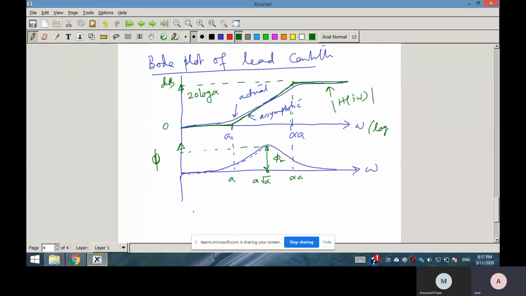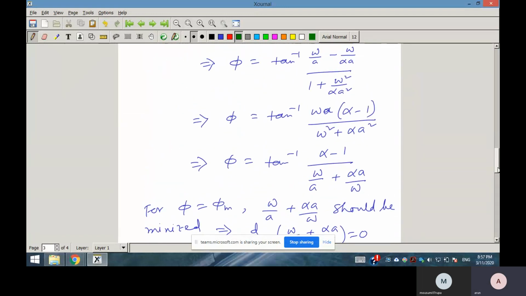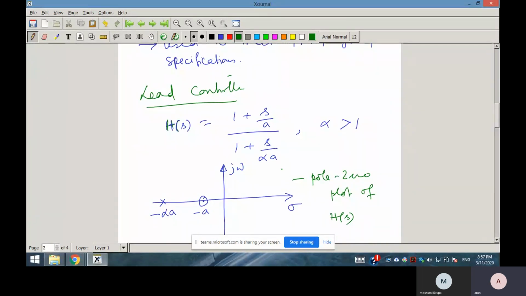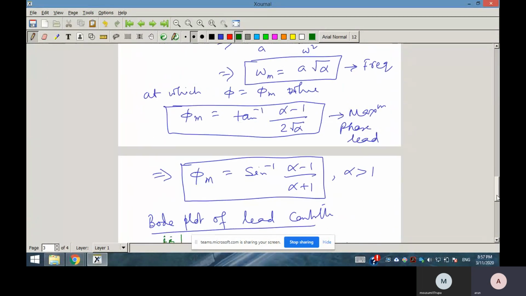The gain |H(j omega)| you can write as alpha into root under (omega square plus A square) divided by root under (omega square plus alpha square A square). If you put s equal to j omega in this transfer function and take the mod, you will get this.